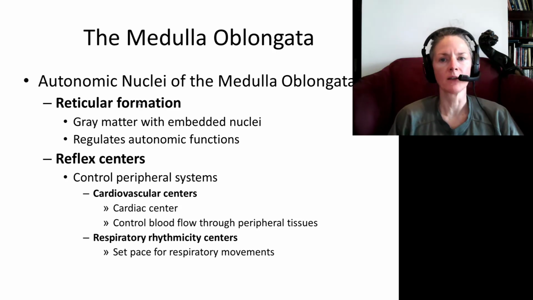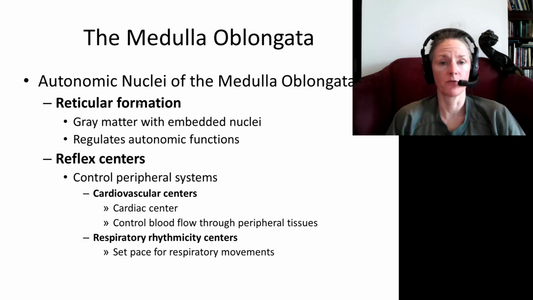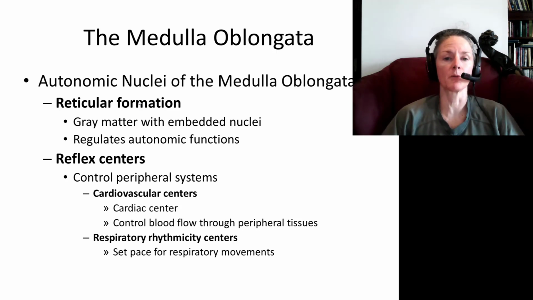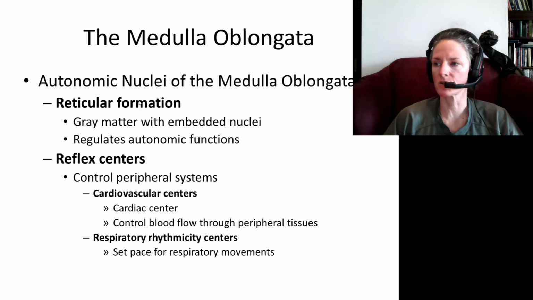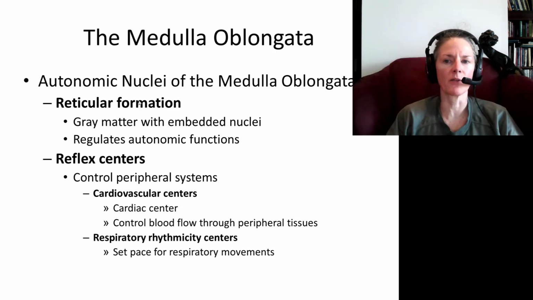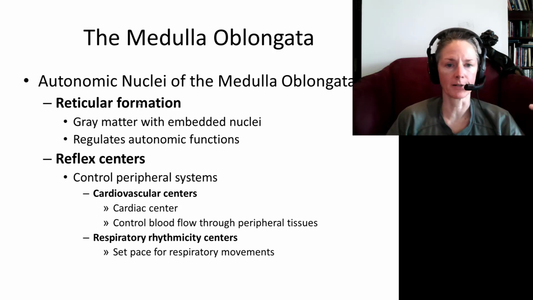In fact, when the activity in the system becomes low, then you fall asleep. And when the reticular formation becomes aroused, then you become aroused and awakened. So the reticular formation is very important for the maintenance of awareness and consciousness. And we're going to find it throughout the entire brainstem, starting at the medulla oblongata.